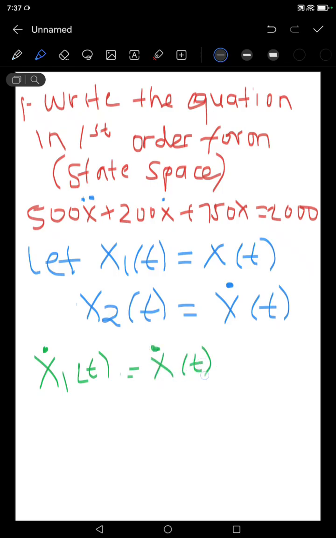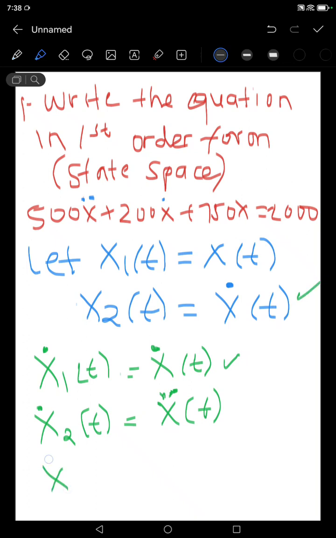And then the derivative of x2 is going to be what? It's going to be x double dot. Now we can see we have two dots here, this one and this one. They're the same, which means we can say that therefore x1 dot equals x2. Okay, guys, do you have any questions so far?